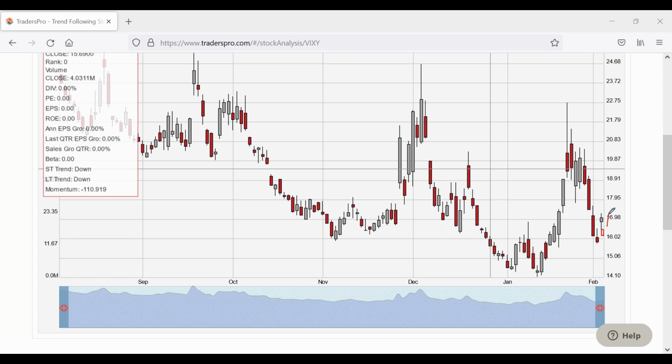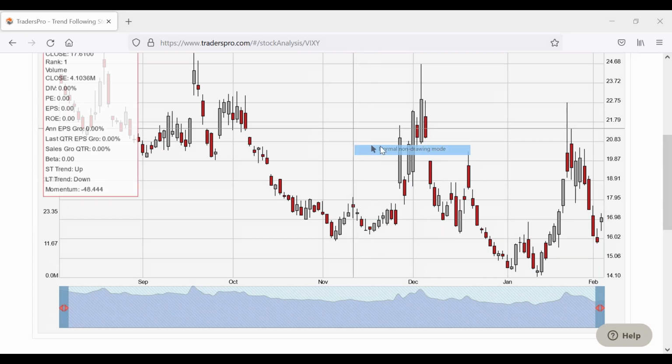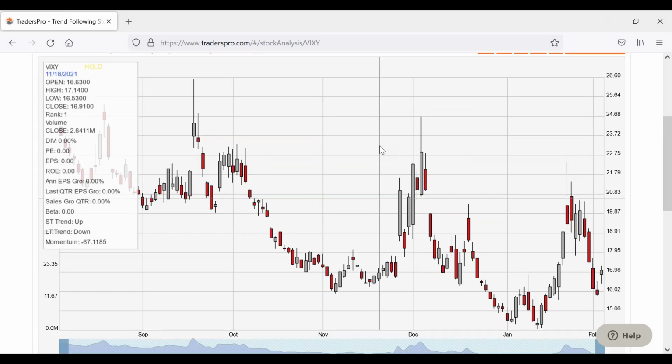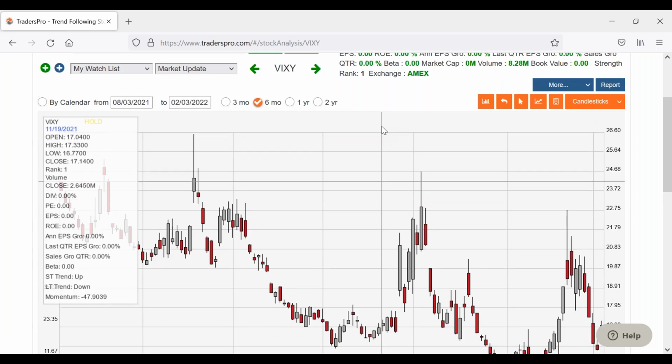That's a real subtle clue that they could be more concerned than what's showing up on the chart. So again, the VIX is a tough instrument to read. We don't want to put all of our emphasis on it, but it can help us with some of those little subtle clues that we look for.